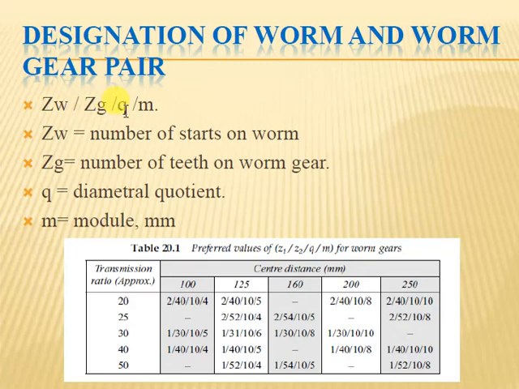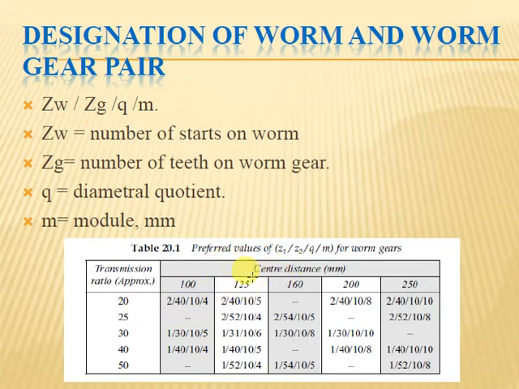So the sequence is ZW, then ZG, then Q, then M. ZW is the number of starts on a worm, number of threads on a worm. Then next one is ZG, the number of teeth on a worm gear. Then Q is the diametral quotient and M is the module in mm.